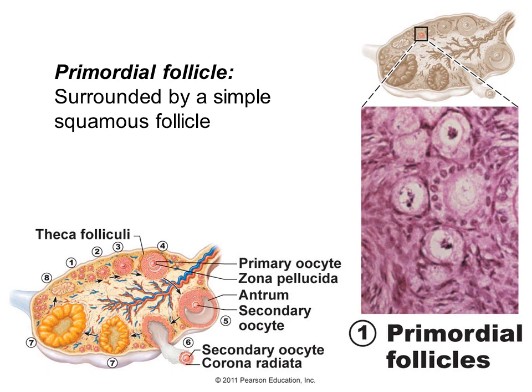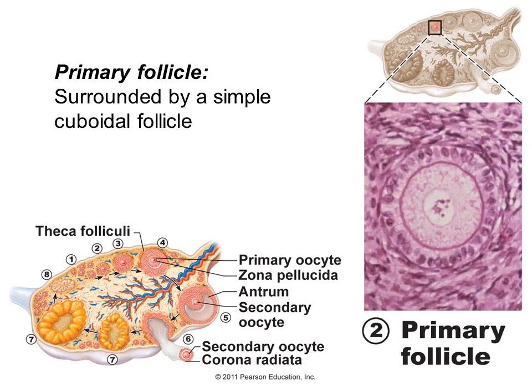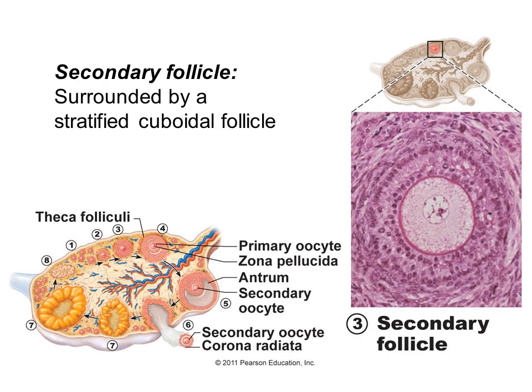So this is showing the primordial follicle. It is simply the oocyte surrounded by just a single layer of simple squamous cells. The primary follicle now has simple cuboidal follicle cells. In the secondary follicle, now you have stratified, meaning multiple layers of cuboidal cells. So it's getting larger and larger.